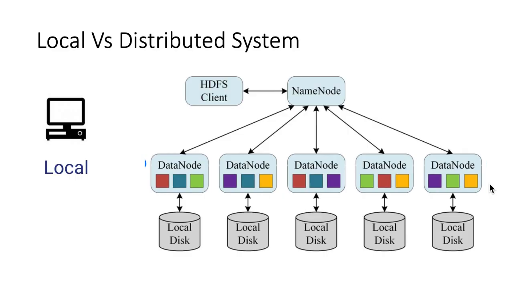Spark uses a distributed system to distribute the data across many machines. So what is a distributed system? How is a distributed system different from the local system? A local system uses the computational resource of a single machine, whereas a distributed system has one master node and many worker nodes.